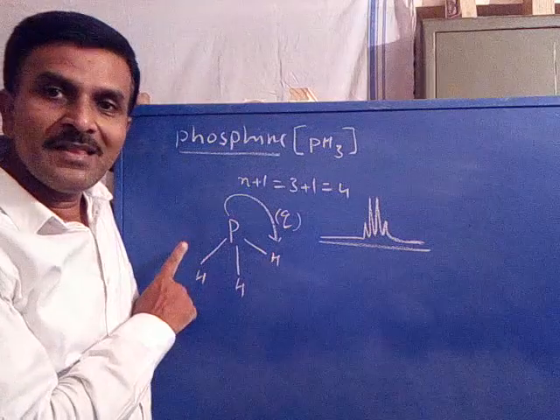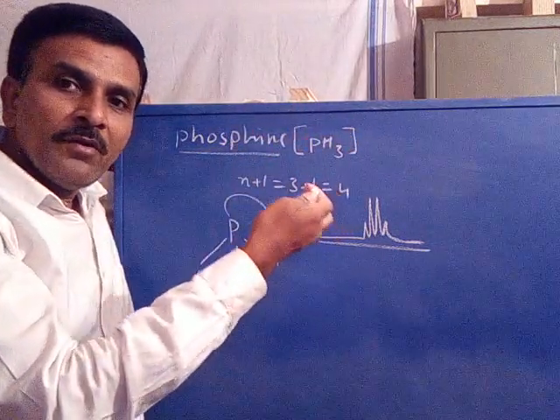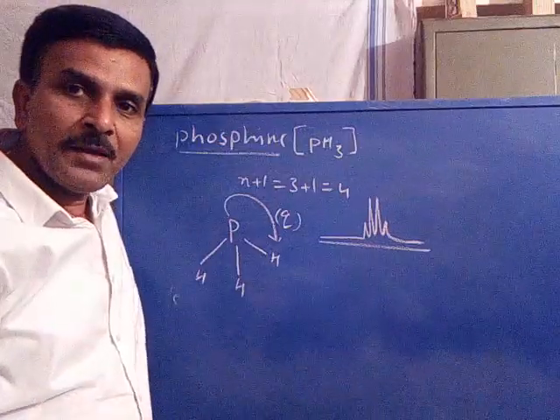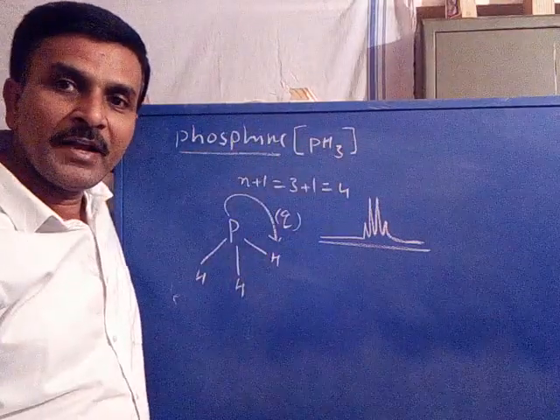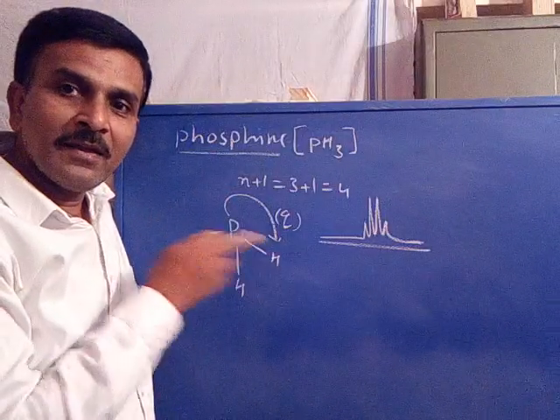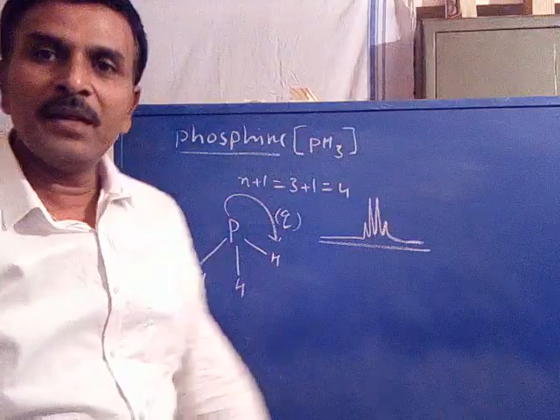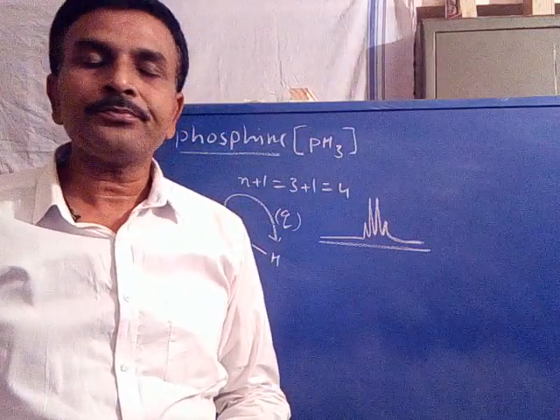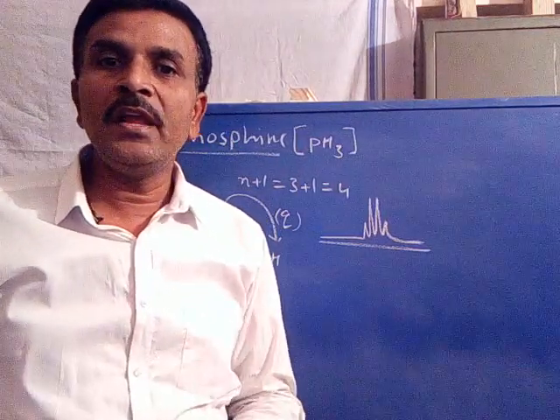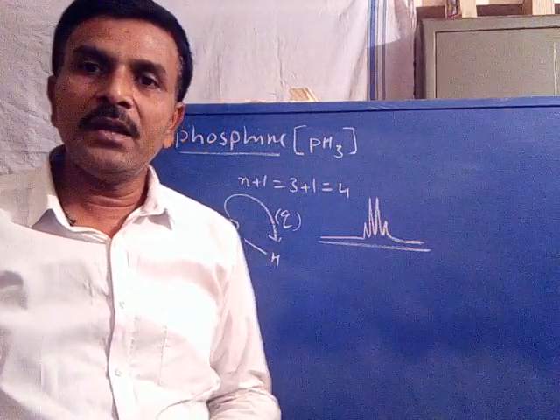In the previous example, we multiplied the multiplicities because of non-equivalent coupling. Now here we are not going to multiply, just simply count according to the n plus 1 rule, because the phosphorus is coupled with only equivalent protons. So hence 1 plus 3, it is a quartet.